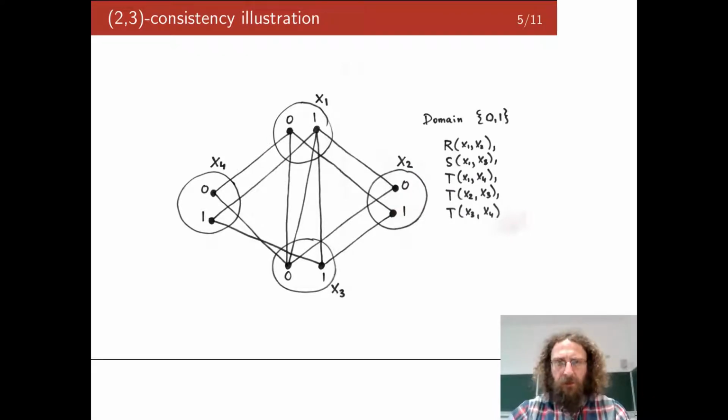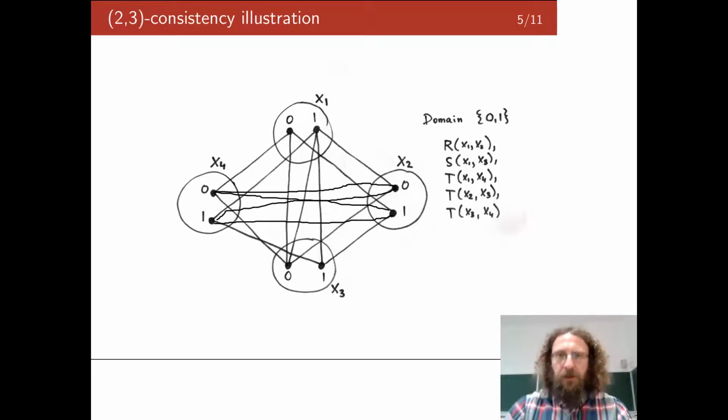Now the first condition we want is that every pair of variables is constrained. This is achieved simply by introducing a dummy constraint between x2 and x4, like this. So all the four pairs will be possible evaluations.